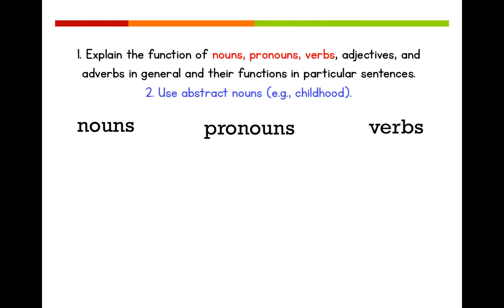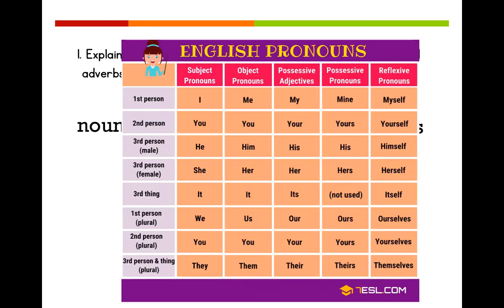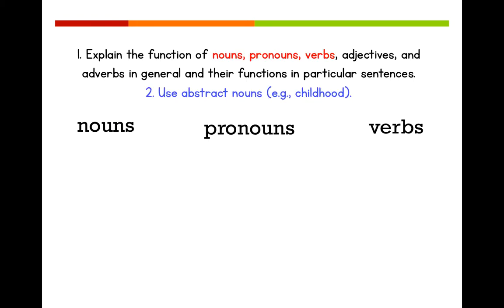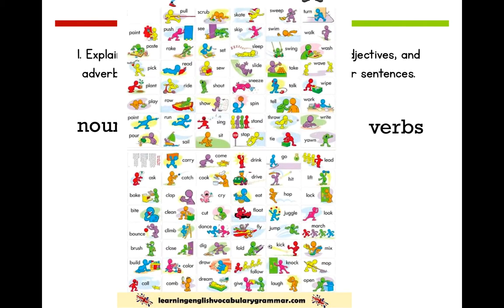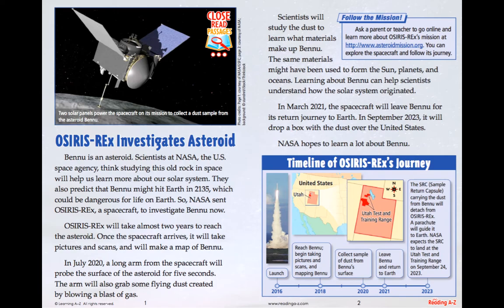So nouns are a person, place, thing, an idea. Pronouns take the place of a noun, and verbs are action words. Now, the reason why I focused on these three is that they are the three that you need to have a complete sentence.